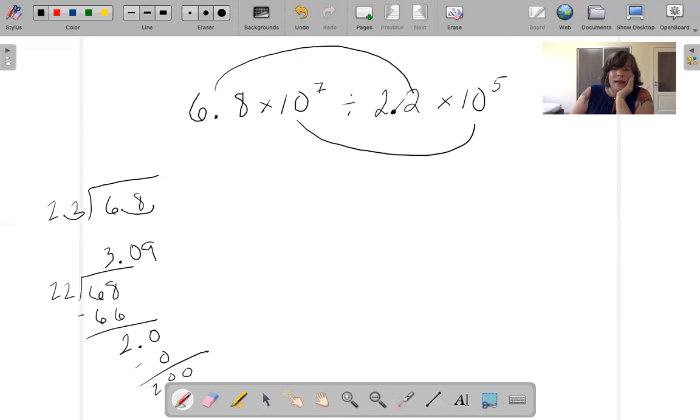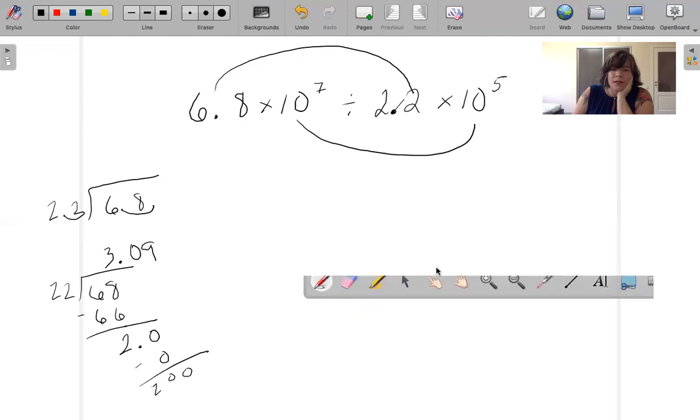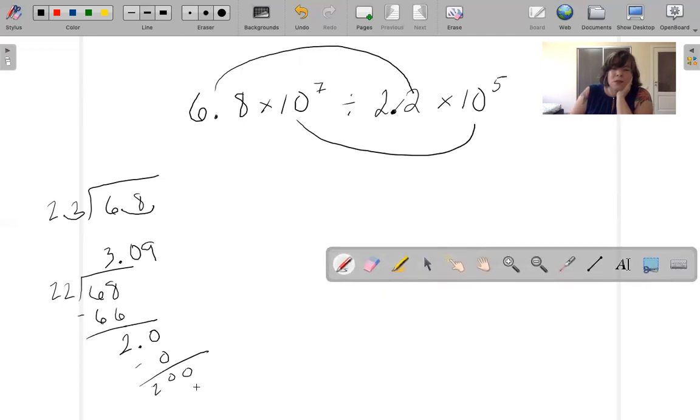Let's try a 9. 9 times 2 is 18, 19. 200 minus 198 is 2. Bring down a 0. 22 goes into 20 0 times. And all you have to do is round to the hundredths. So this stays the same.